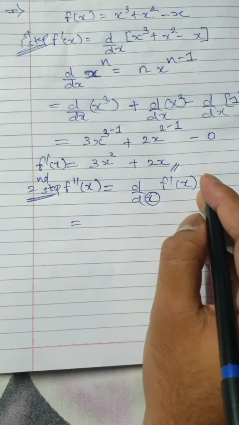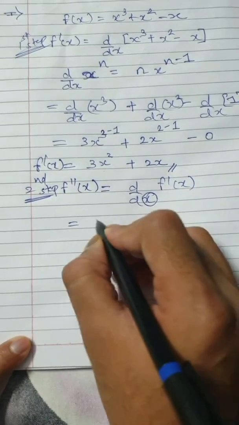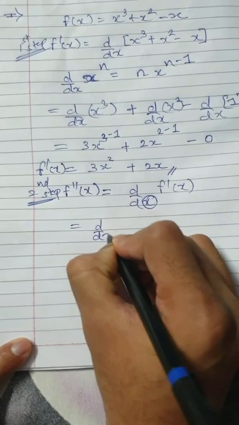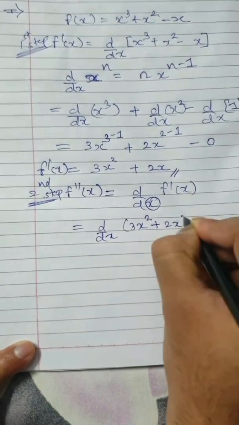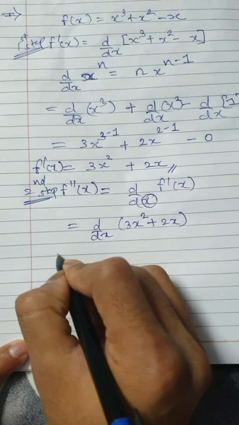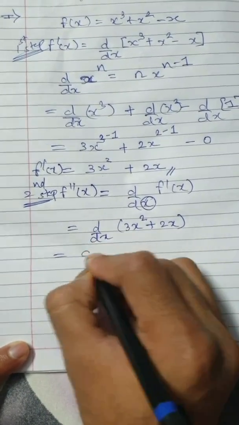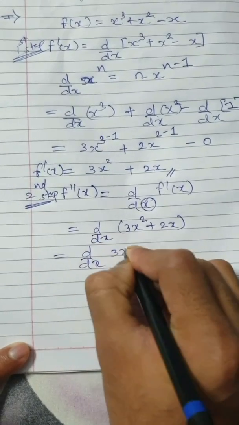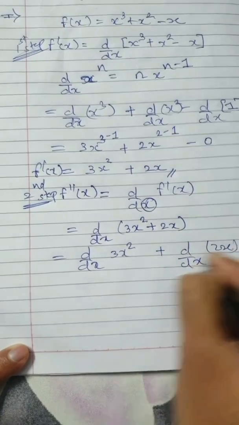There is no need to differentiate it with another variable, right? So let's continue. d by dx of 3x square plus 2x. We will differentiate both of these terms individually, right? So d by dx of 3x square plus d by dx of 2x.